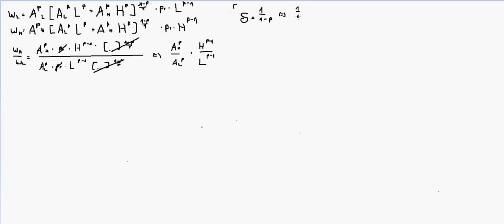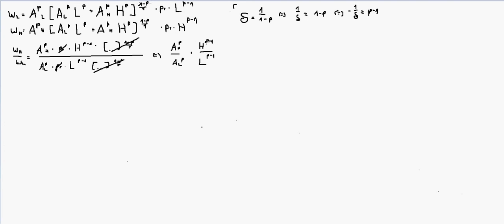So 1 divided by sigma equals 1 minus p, and if we now multiply everything by minus 1, we get that minus 1 divided by sigma equals p minus 1. So p minus 1 equals minus 1 divided by sigma.